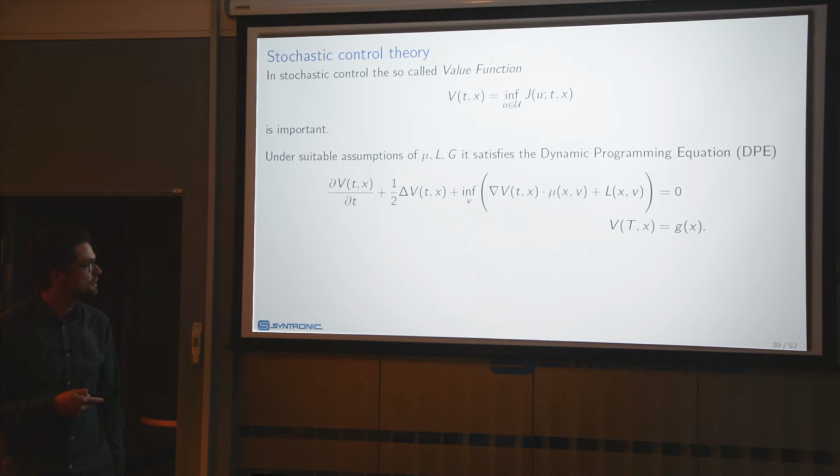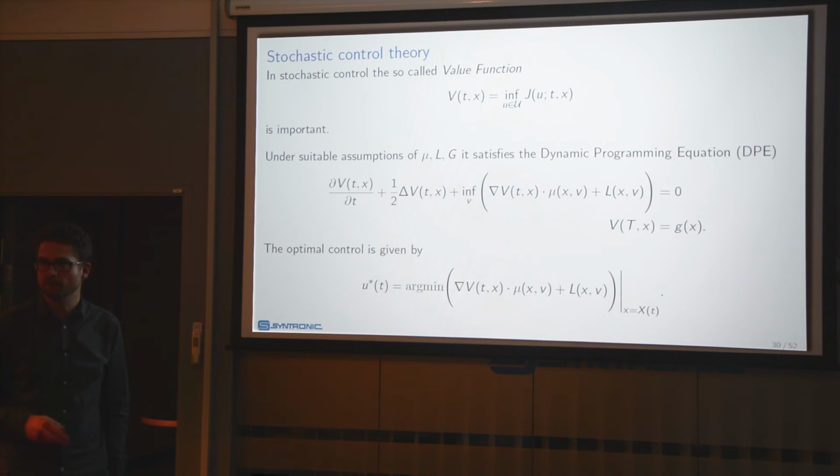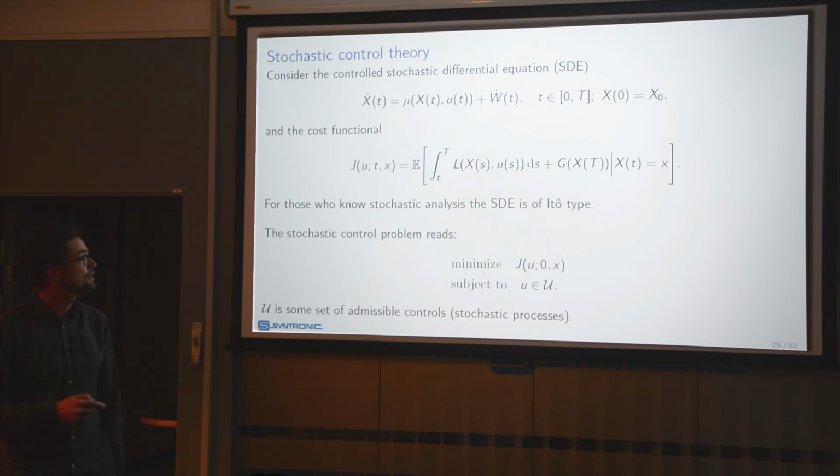Why is it good? Because the optimal control is given as the minimizer of this. So if we have the gradient, then we're in a very good shape for doing very good nonlinear control, optimal in terms of this cost function.